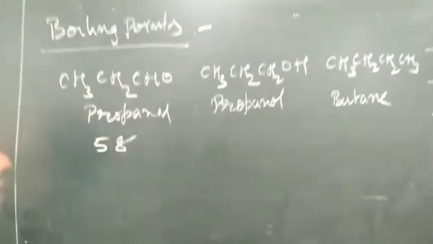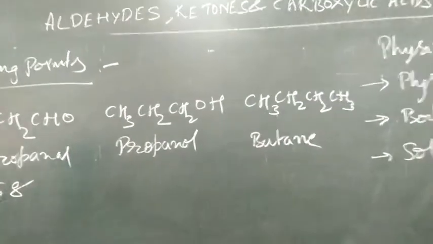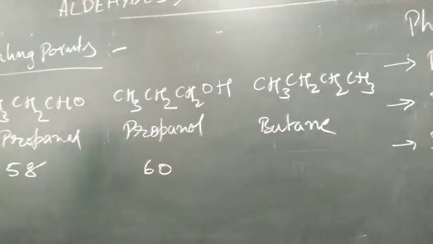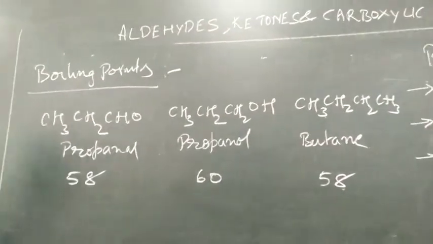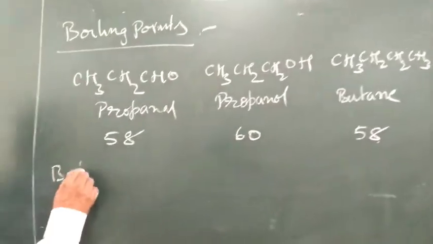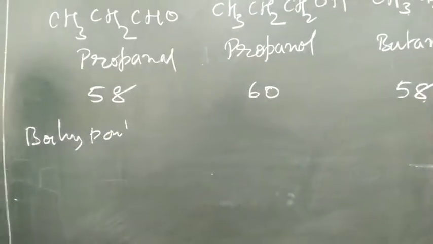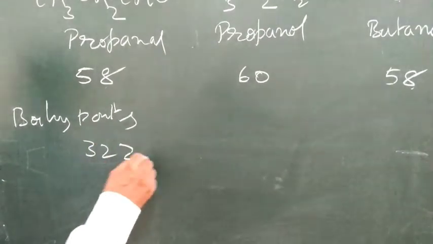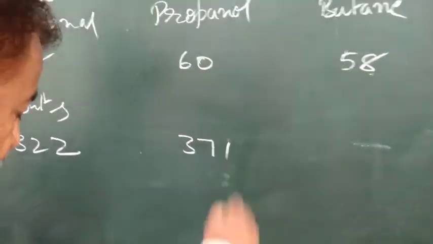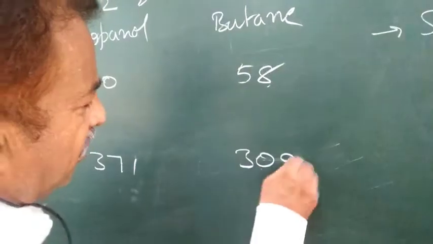What are the molecular masses here? This is 58, this is 60, and here this is 58. So here the boiling points are 322, 371, 309.